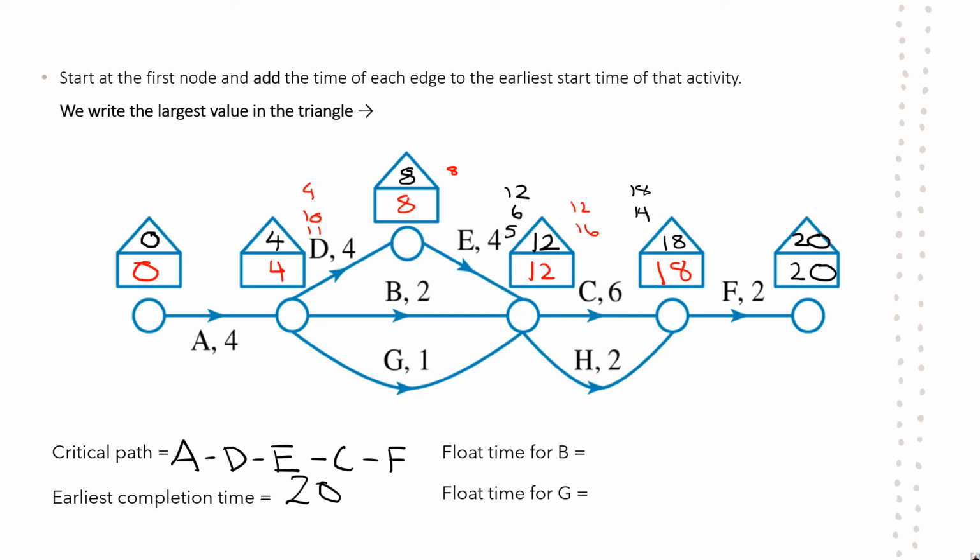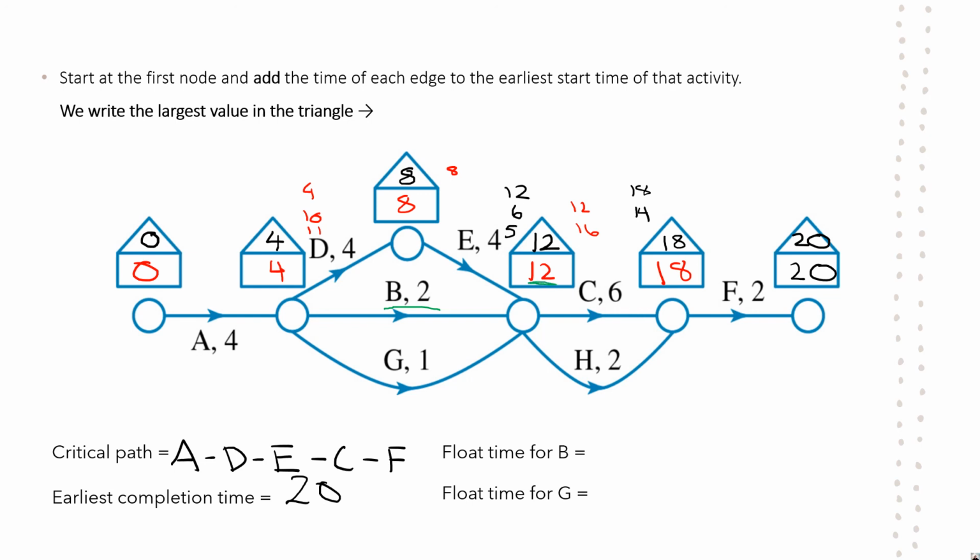All right, last little thing here is the float time for both of these. Okay, so what we need, first of all, let's look at B. We're going to do this in green. All right, so we've got B here. There's a few things we need. First of all, we need the latest starting time from the house in front of it, which was this 12 here.